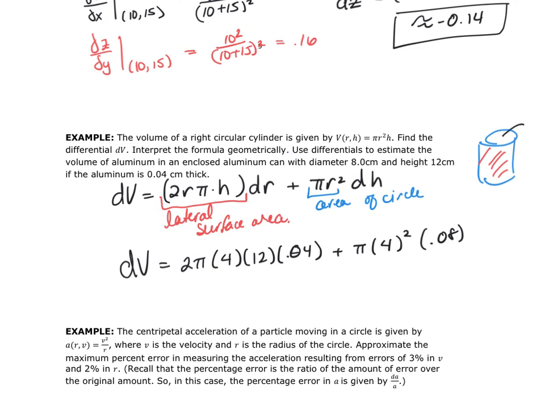So we have this thickness, which is 0.04, and we have this thickness, which is also 0.04. So that's why that's 0.08. And so I'm going to get my calculator out, and this is going to be approximately equal to 16.084 centimeters cubed. And so that's about how much aluminum I need to make one aluminum can.